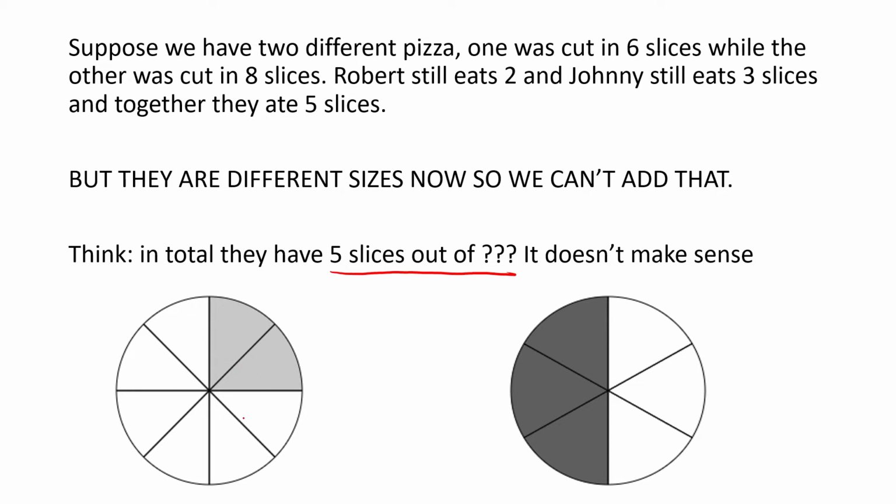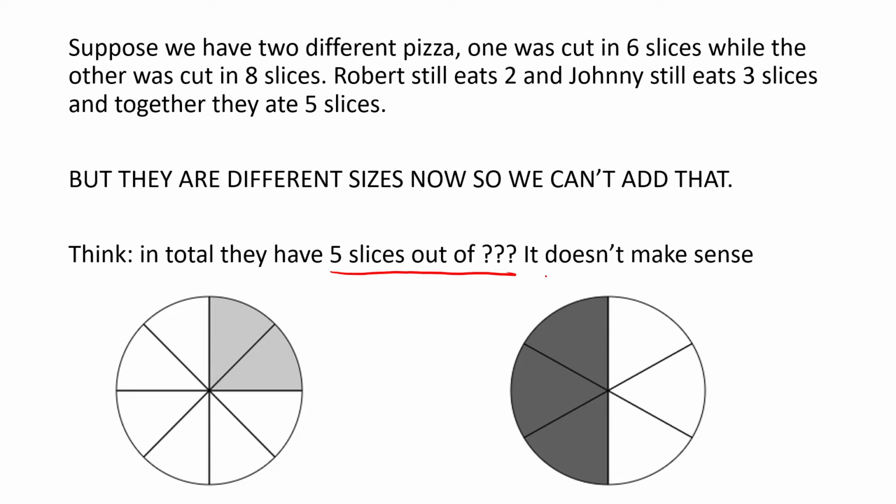Johnny's 3 slices are way bigger than Robert's 2 slices, so it doesn't make sense. You cannot say 5 slices out of 8, nor 5 slices out of 6. Because if you put this amount of pizza right here, it's not going to be enough to cover the 2 slices in the pizza that is cut into 6 slices. So it doesn't really make sense.